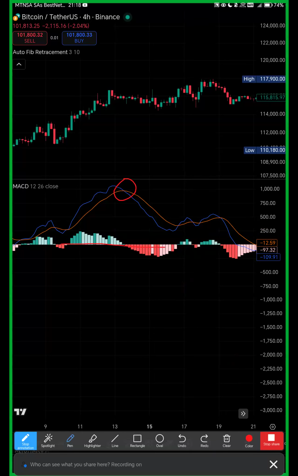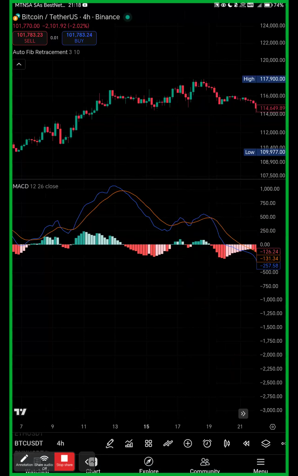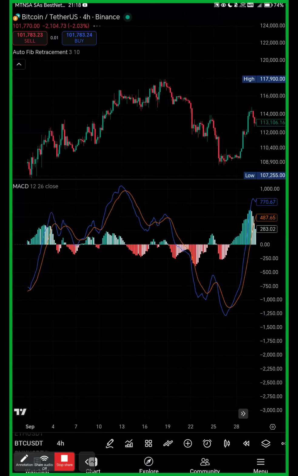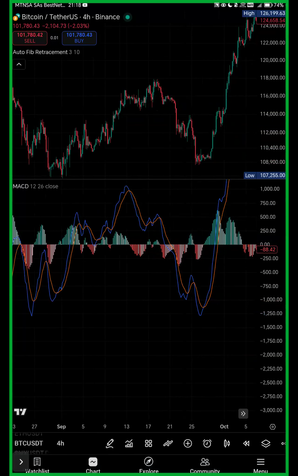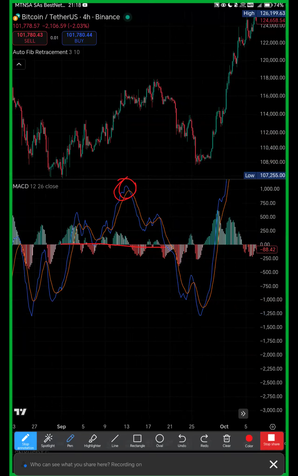Here was a crossover. Okay, there was a crossover. If I minimize my screen like this, you will see that this bend here happened here.